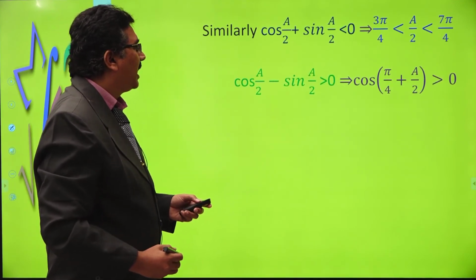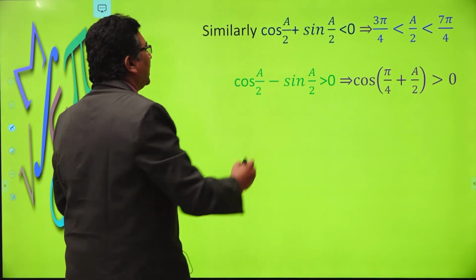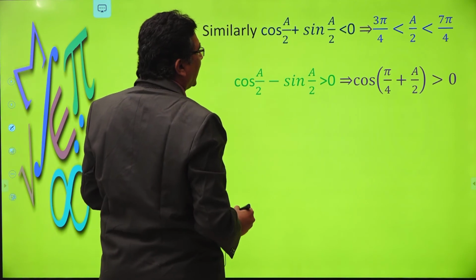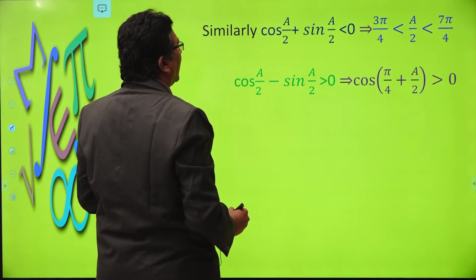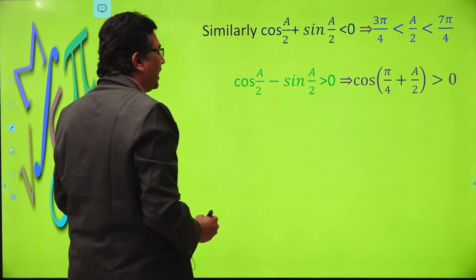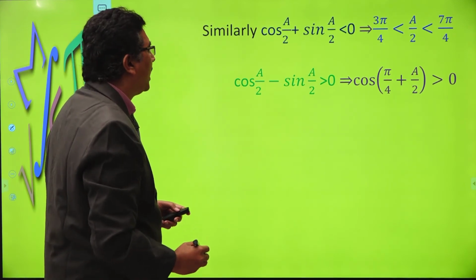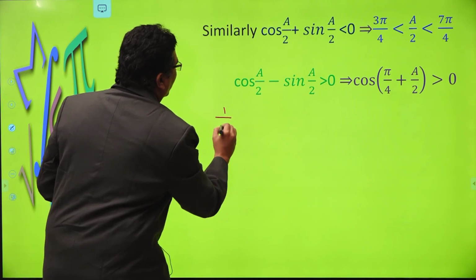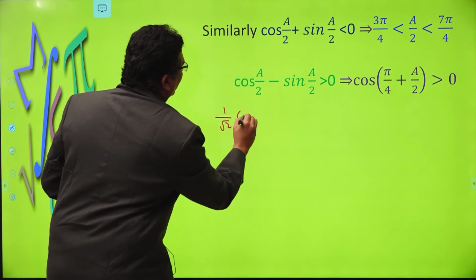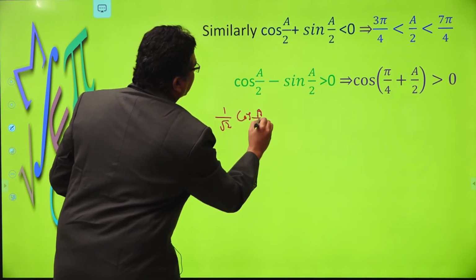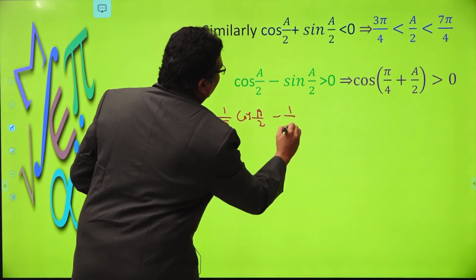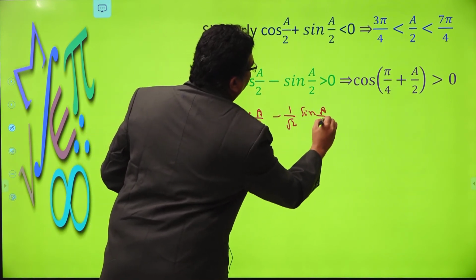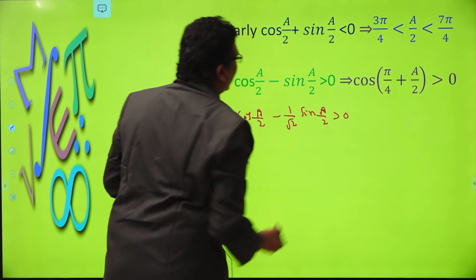Here also the expression is of the form a cos theta minus b sin theta. Divide this expression by root of a square plus b square: 1 by root 2 cos a/2 minus 1 by root 2 sin a/2 greater than 0.